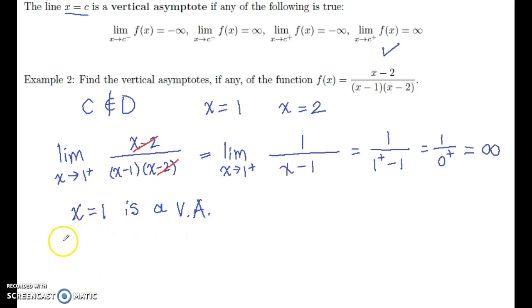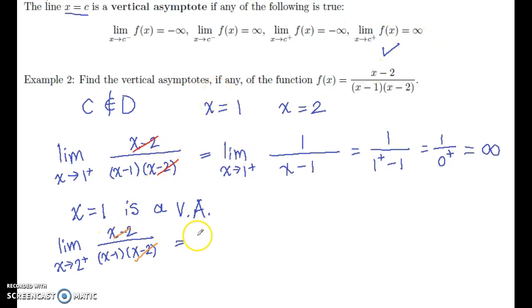Next we take a look at the limit as x approaches 2. So we take a look at x equals 2 in this case. Again, we have cancellation.